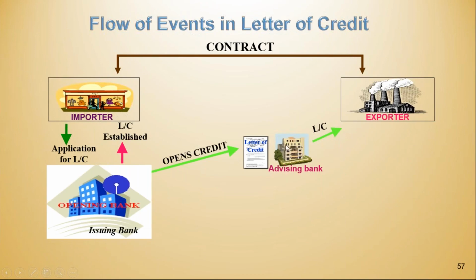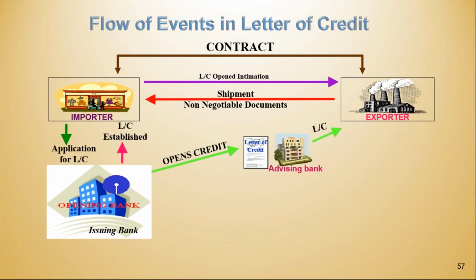They will send the LC to the Indian bank, and then a copy is given to the exporter. And the exporter then makes the shipment and sends the non-negotiable documents to the importer, saying that he has made the shipment.